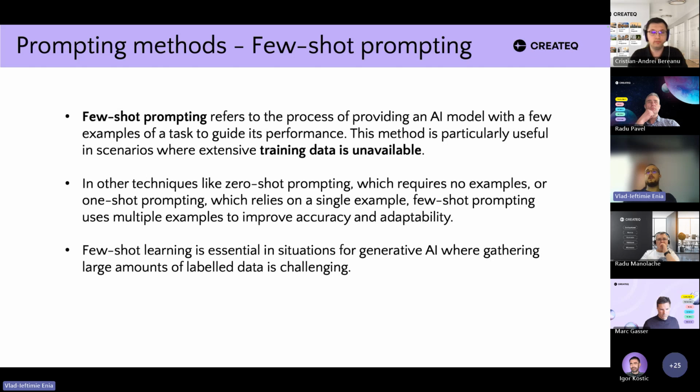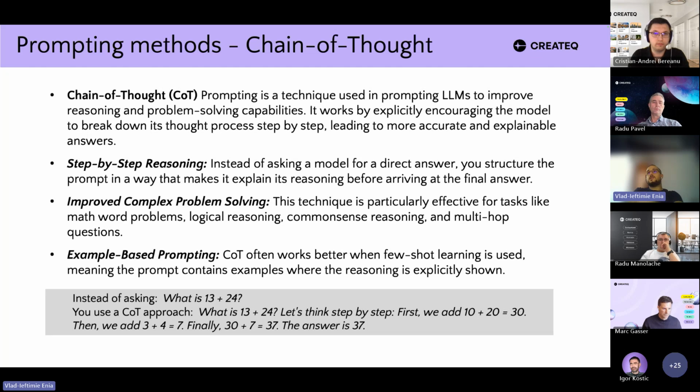And few-shot prompting is very useful when we don't have enough training data or the LLM is not trained enough. And of course, as the name suggests, it involves giving a few, several examples, in order to guide the performance of the LLM. Chain of thought is a technique used in prompting where we want to receive a step-by-step result.